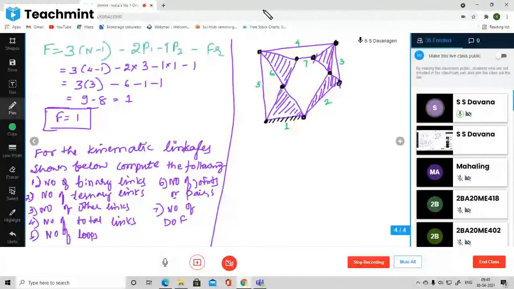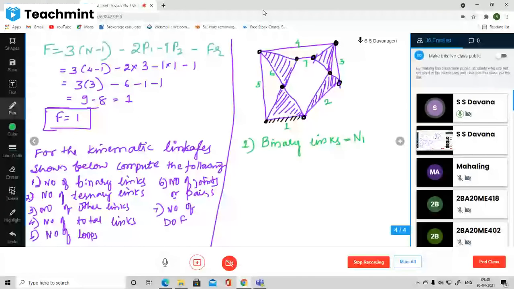Now 3, 4, 7, 5. These are binary links or ternary links? Let us go for binary links first. So the number of binary links here is 4.